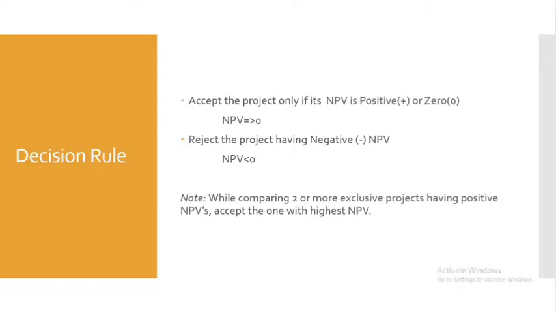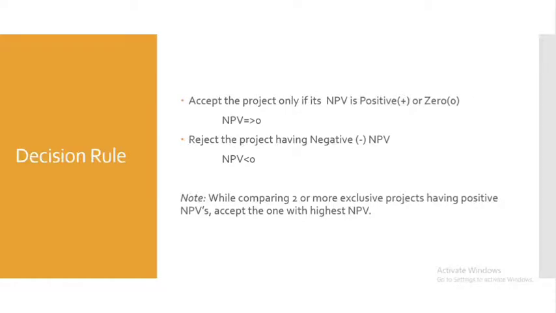Now comes the decision rule. Just like other theories have a rule, NPV also has a rule of its own, where if the NPV is positive or zero, positive as in any number above 0, or 0, then the project is accepted.